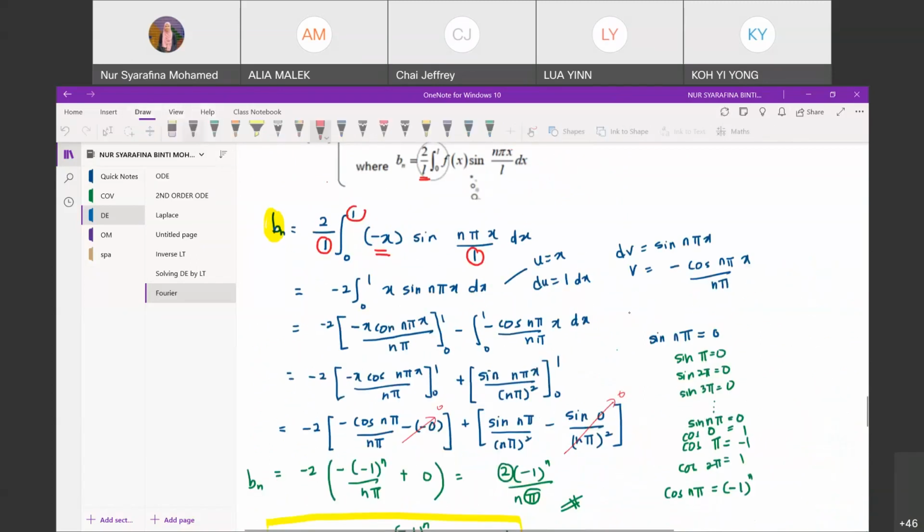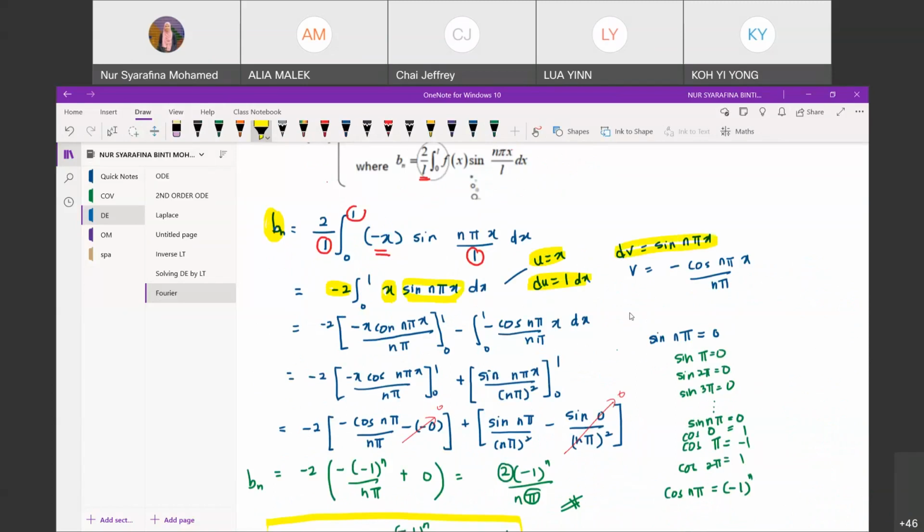Okay, we have 2, so put negative 2 outside as a constant, and we have x sin(n pi x). So integrate this by the tabular method or integration by parts. Let u equal x, du equal 1 dx, dv equal sin(n pi x) dx, and v equal negative cos(n pi x) over n pi, from integrating sin(n pi x).